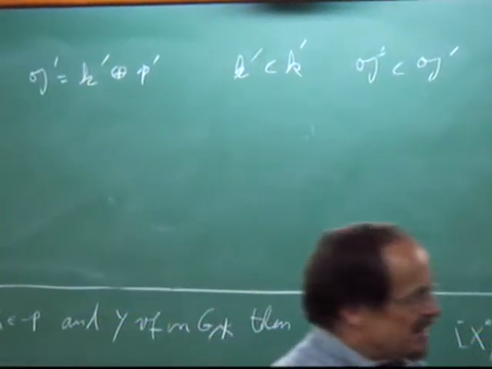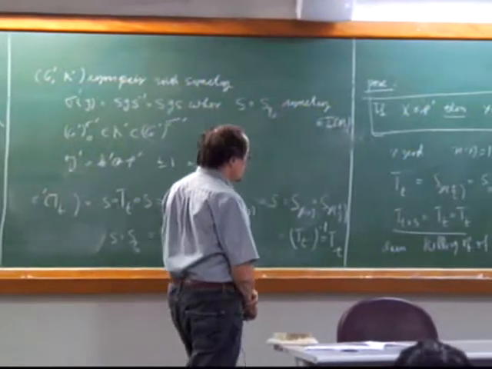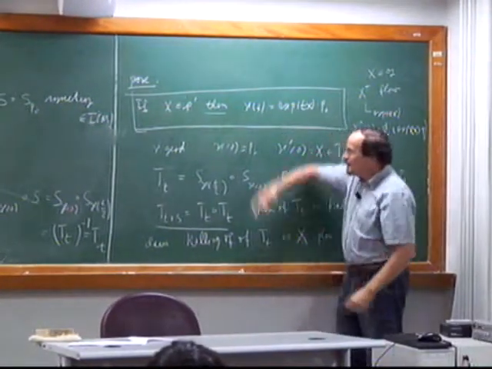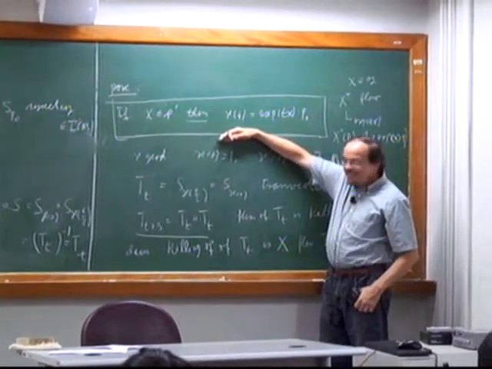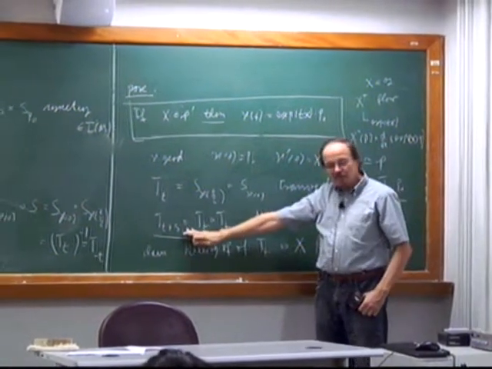Something still confuses you, right? It's not clear to me why the transvections are the flow of X. I define X that way. So I'm not starting with an X here. Right? I'm starting with a geodesic. Look at its transvection. It's a one-parameter group by isometries.